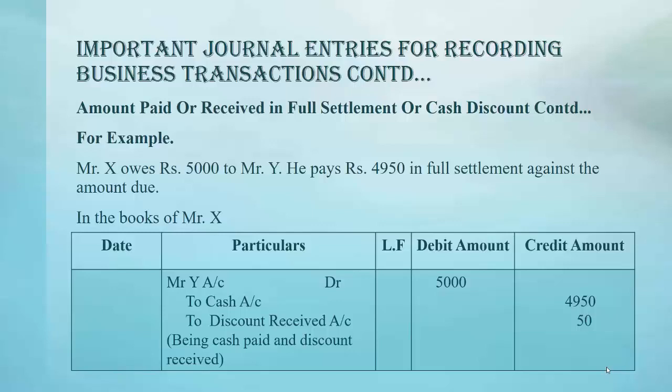So cash account will be credited, and after that discount received account is a nominal account, so the rule for the nominal account will be applied because discount received. Here cash discount is an income for Mr. X, so discount received account will be credited.